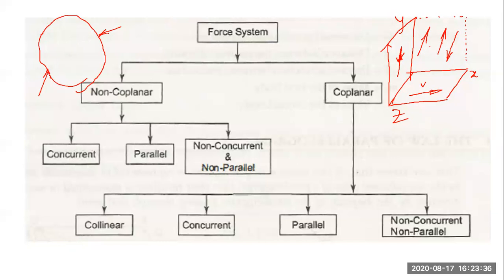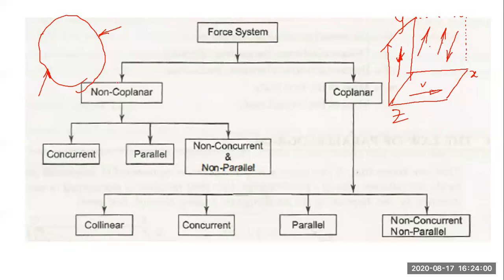But if the body is a rigid body, I can extend it along its line of action, because we cannot change the effect of the force on the body on which the force is applied.